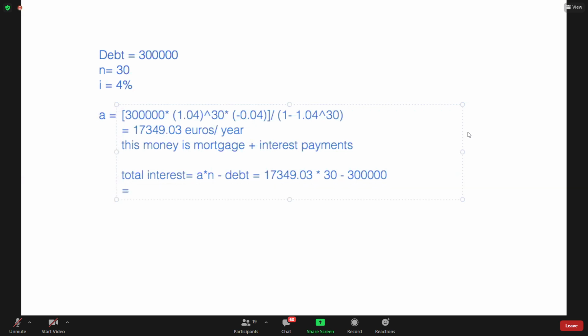And I will give you directly the final answer, which should be 220,470.89 euros that I pay only in interest on top of the amount of the mortgage that I pay back to the bank. And this is an annuity mortgage exercise, and this is how we work with it.